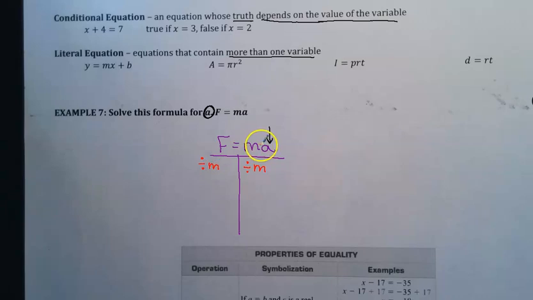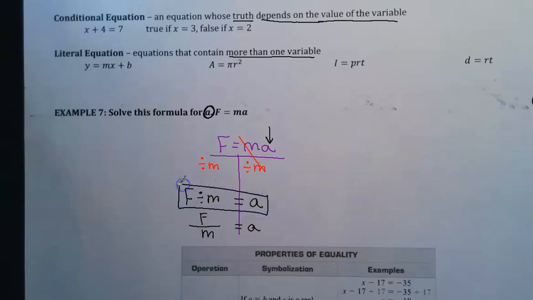If we have M times A divided by M, the M's cancel, and we have A left over. A equals F divided by M. You could write it either way. I will typically write it as a fraction. I do not like using the division sign. Fractions are division, a good thing for you to remember.